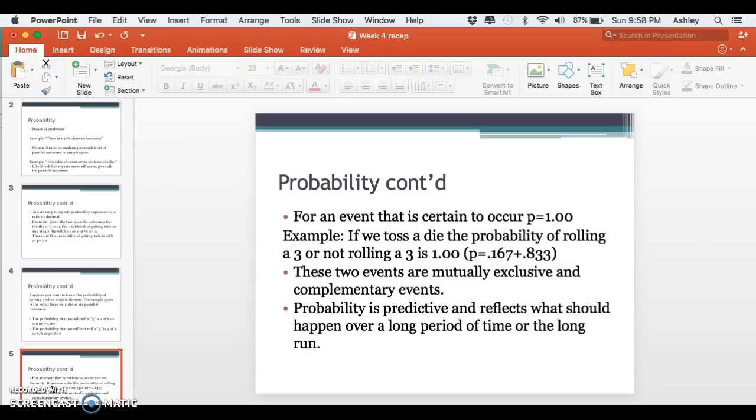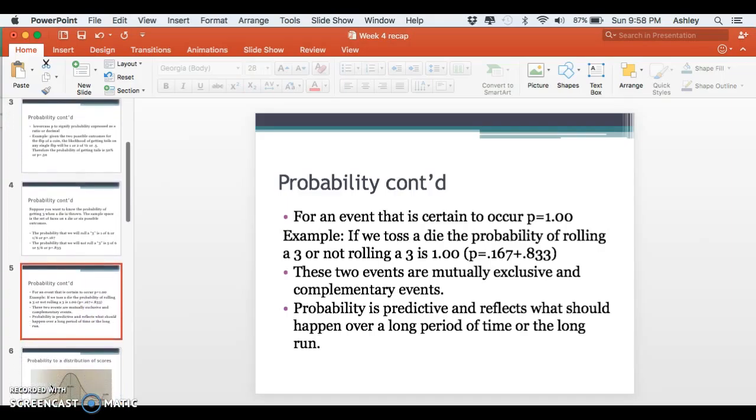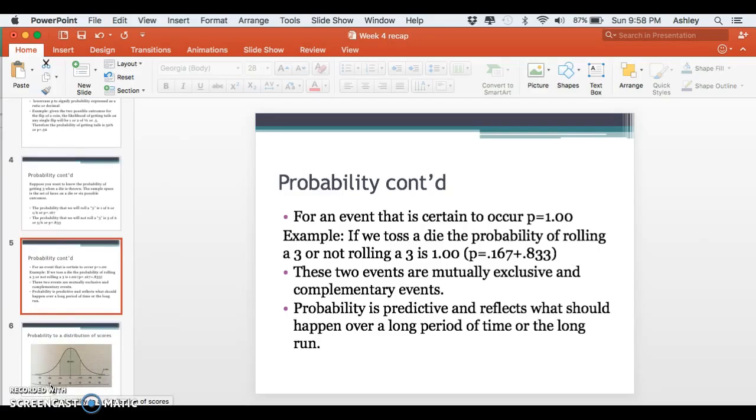These are considered two mutually exclusive events because they cannot occur together, and because they represent all possible outcomes. Therefore, the sum of their probabilities will always equal 1. And it's important to understand that probability is predictive, essentially.